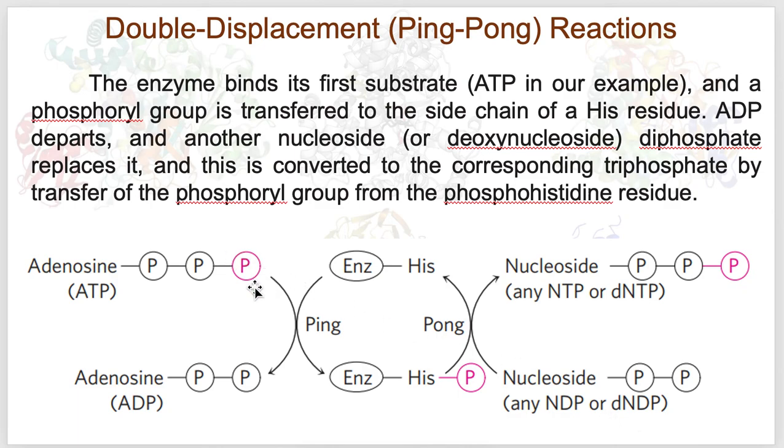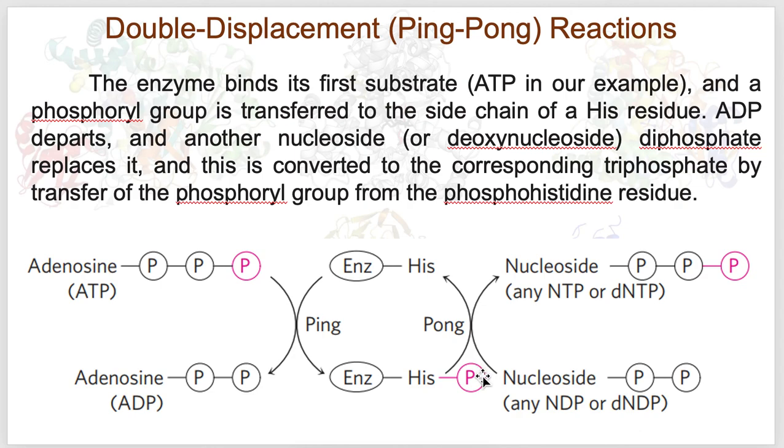If we look at this overall reaction, a phosphorus group was transferred from ATP to the nucleoside diphosphate, here to here. But this was not done in a single step. First, the phosphorus was transferred from ATP to the enzyme, and in this intermediate structure, the phosphorus was bound to the histidine group of the enzyme.